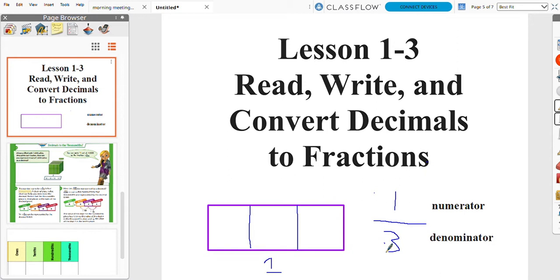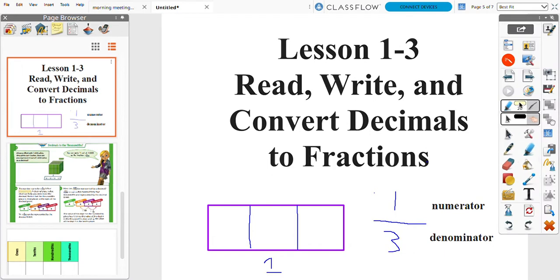With all of these fractions and all of these decimals, these pieces of numbers are equal. All of these pieces are equal. So we have 3, and the numerator is telling how many of those pieces do I have of the whole. So that's giving me 1/3, or 1 out of 3 pieces.